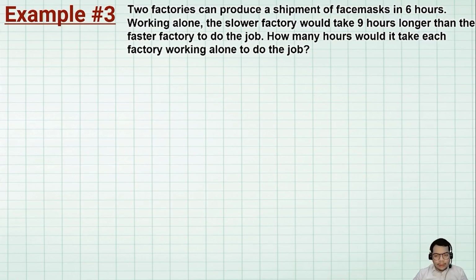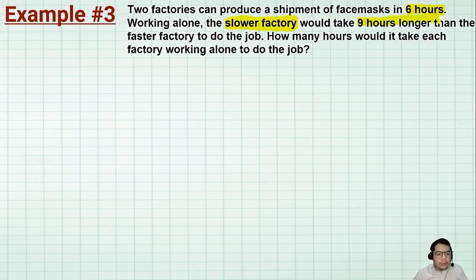Try natin i-analyze yung problem. So yes, we have two factories, the faster and the slower factory. Working together, they can finish producing the face masks in 6 hours. But working alone, the slower factory would take 9 hours longer.